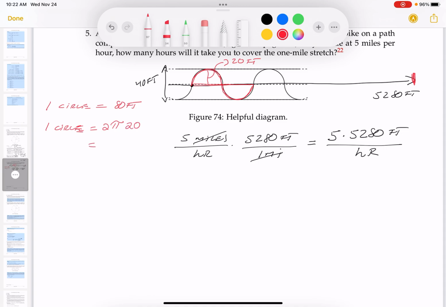So that's going to be 40 pi feet, right? So I want to make sure you know he's got to do a certain number. So the question is, what's the number of circles he has to do? So the number of circles needed.